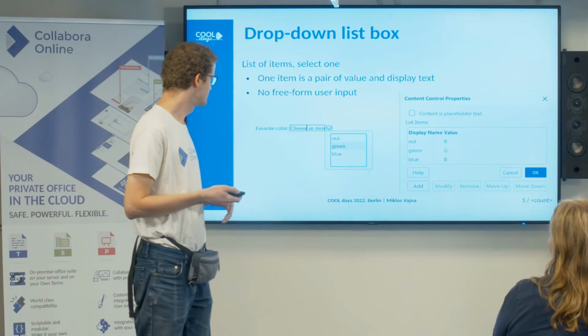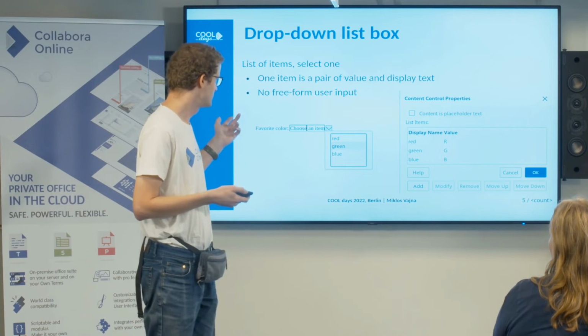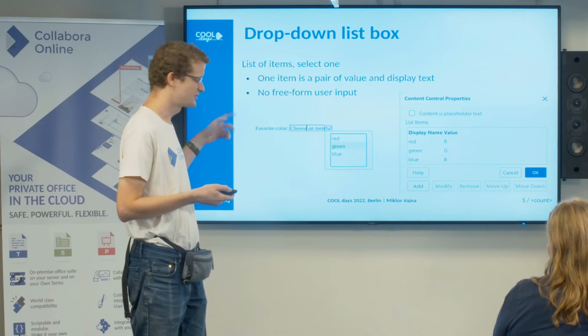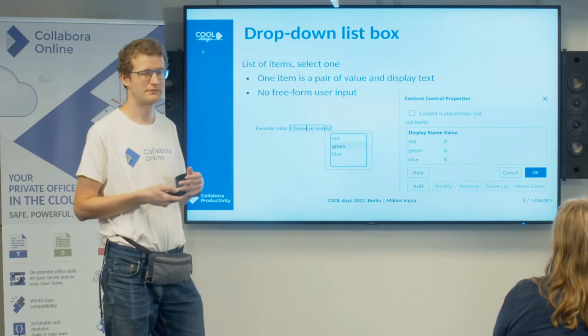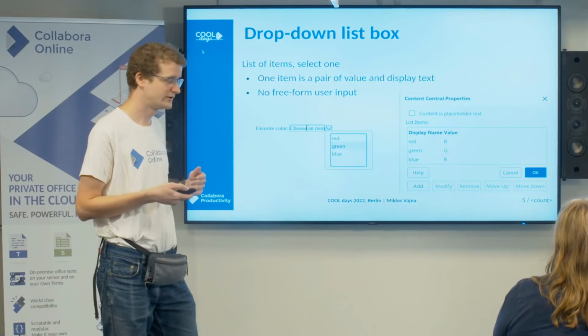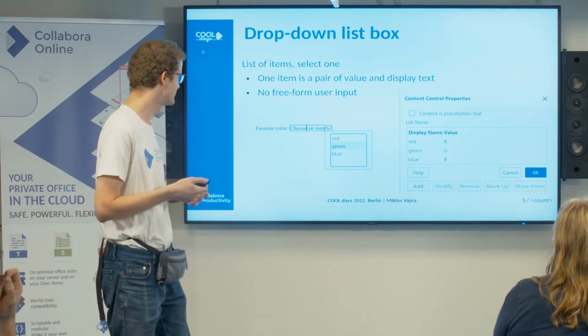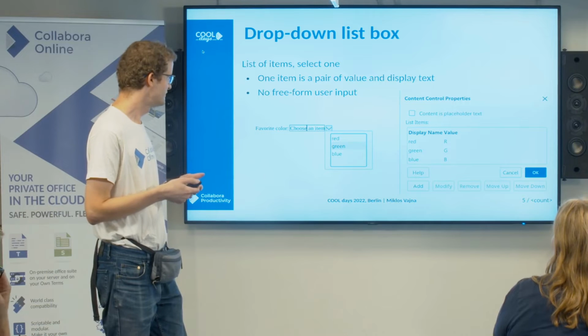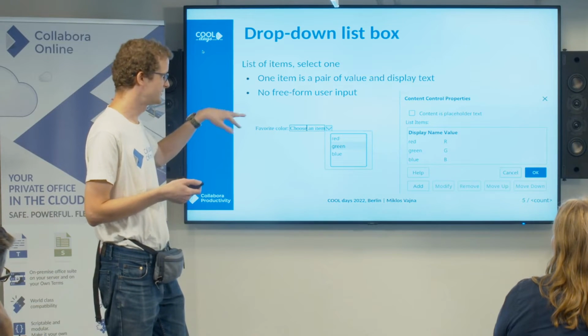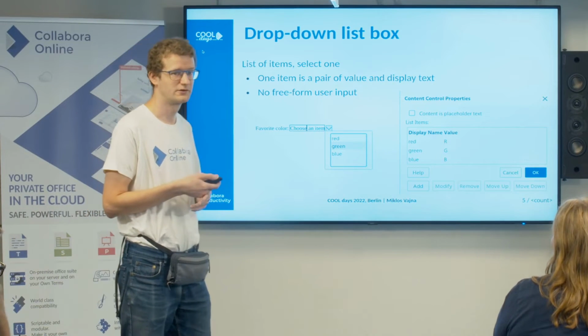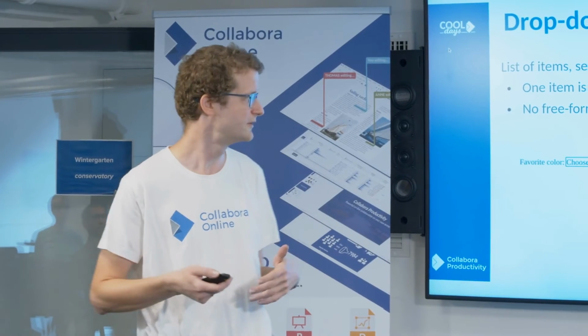Then we have a drop down. A drop down is about having a list of possible items, and you can choose one of these, like, let's say, what's my favorite color. Then we have the editing UI in the content control properties dialog, to add new list items.